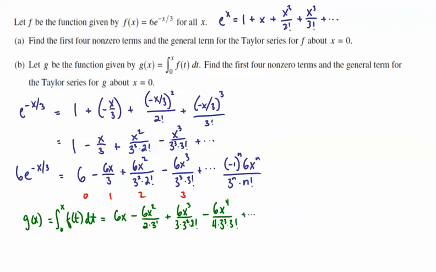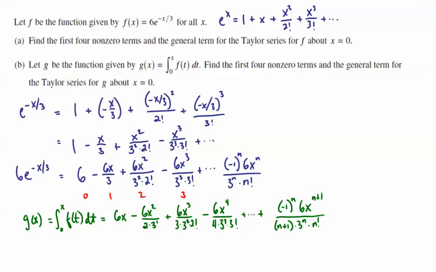And actually then we just need to take the integral of the nth term, and that integral would be still negative 1 to the nth power, and still 6 x to the n plus 1 now, divided by, in addition to what was there already, n plus 1 times 3 to the n times n factorial.